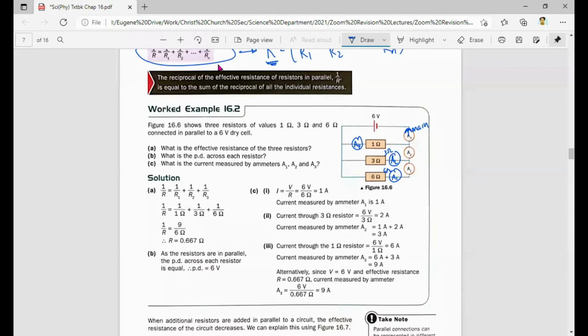Eventually, you must invert it. So R equals 0.667 ohm. If you follow my formula, it will be R equals the bracket of 1 over 1 plus 1 over 3 plus 1 over 6 to the power of -1. You press your calculator, and you still get 0.667 ohm. It's the same thing, just that I added the power -1 here.